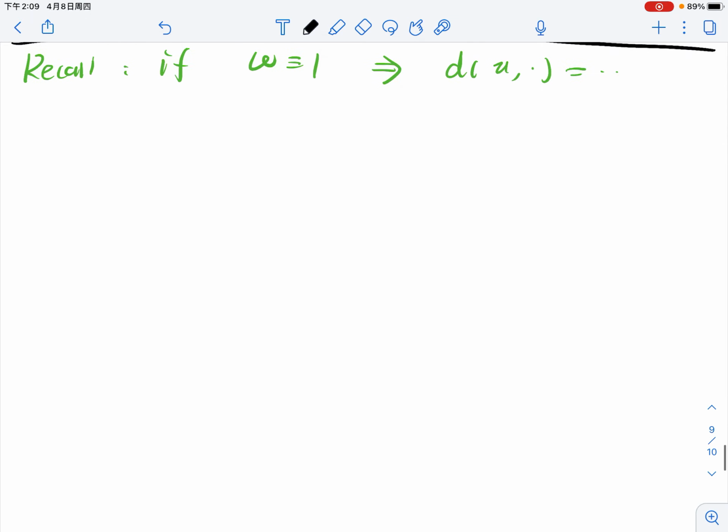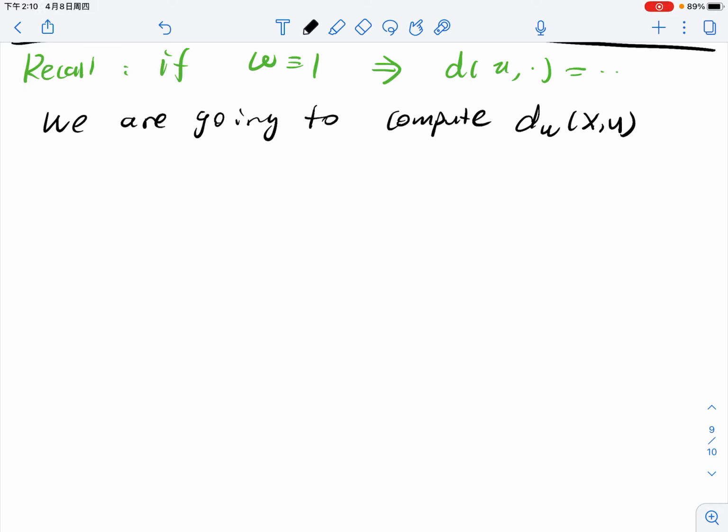And here we are going to find a certain tree which computes d omega of x y.